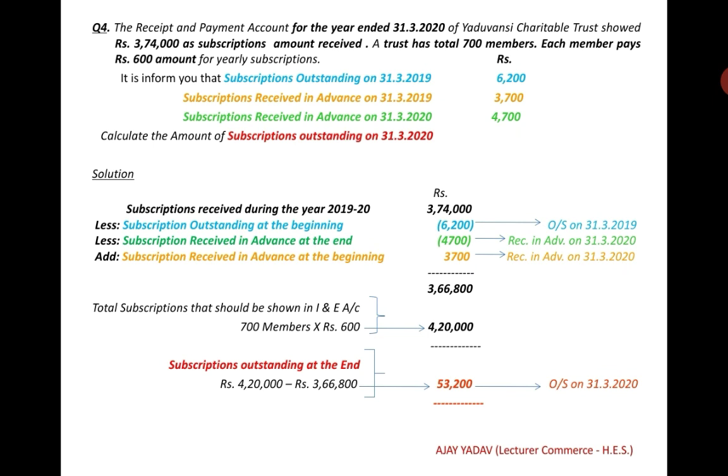As we know that the club has a total of 700 members and each pays 600, the total amount to be shown in the income and expenditure account will be 700 members multiplied by rupees 600, which comes to rupees 4,20,000. The subscription outstanding at the end will be calculated as rupees 4,20,000 minus 3,66,800, which comes to 53,200. This is the subscription outstanding at the end.